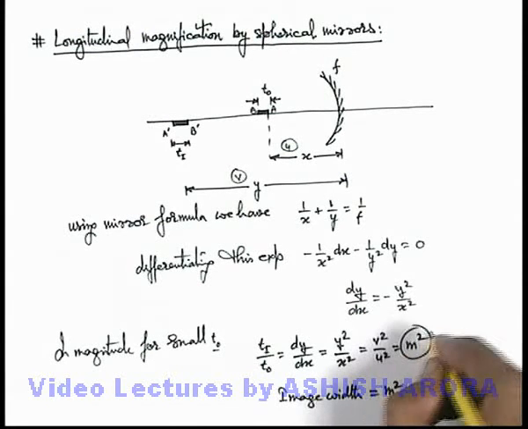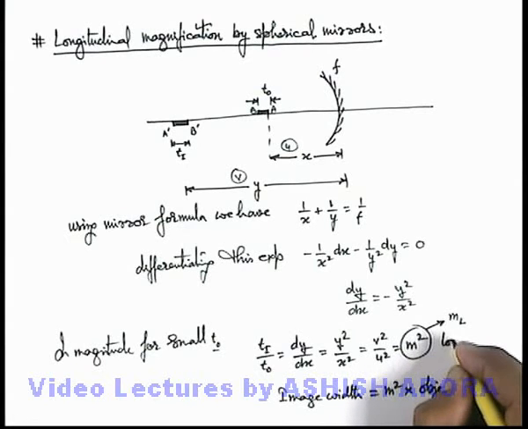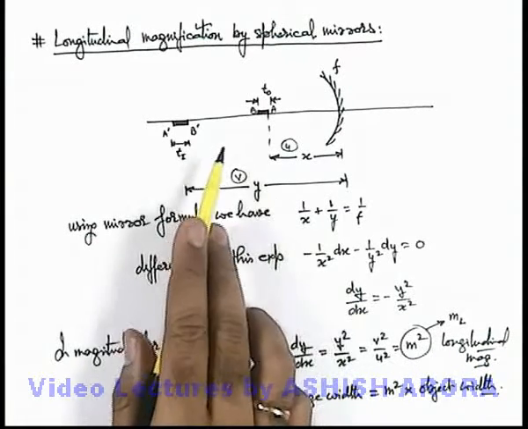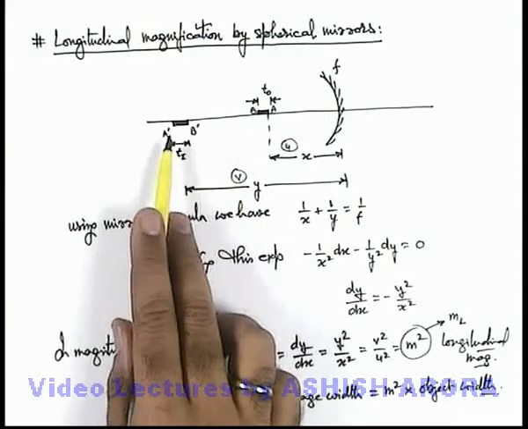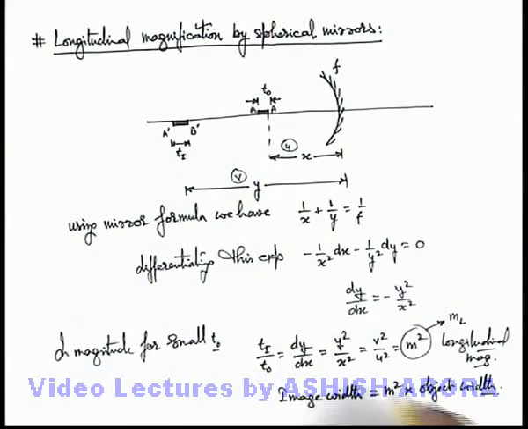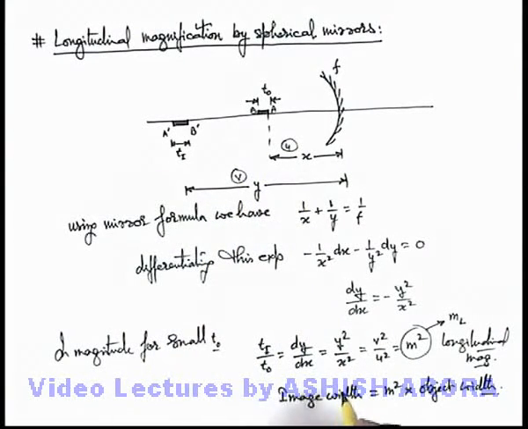And here this m square we can denote by another term ml, this is called longitudinal magnification, which is used for relating the small thickness of image and object along the principal axis. And be careful, this is valid only when Ti and TO both are very small compared to x and y, because we obtained this relation by derivative. So this is actually dy by dx, which is a very small extension of y and x.